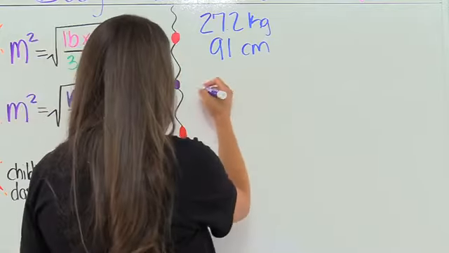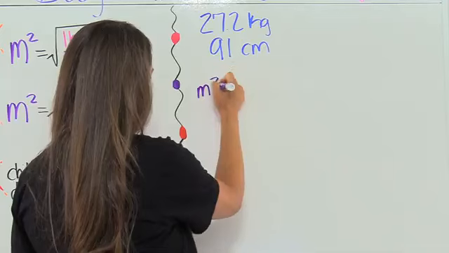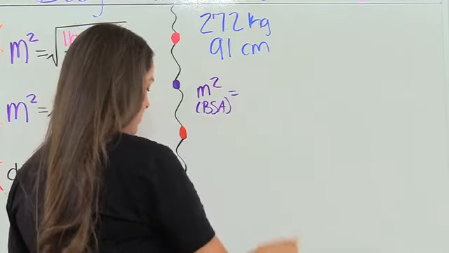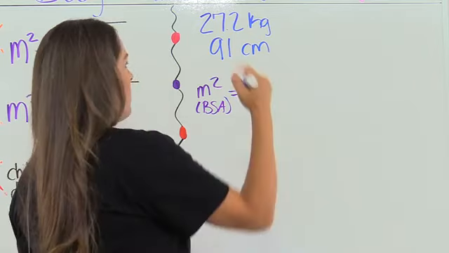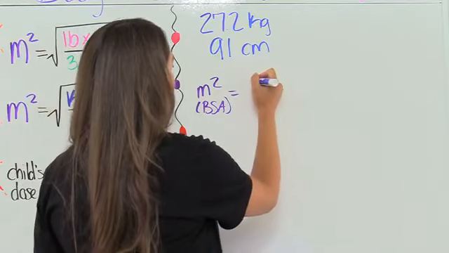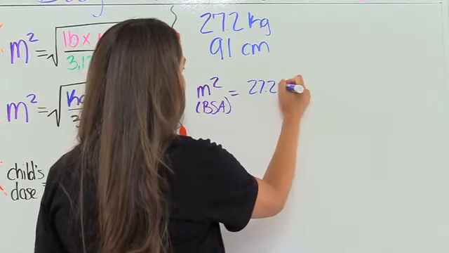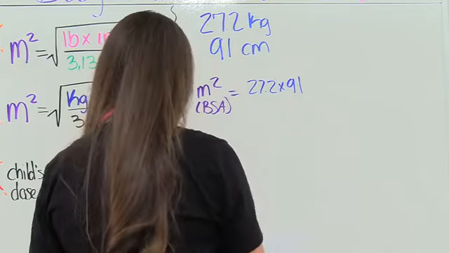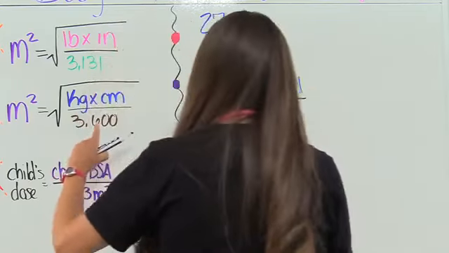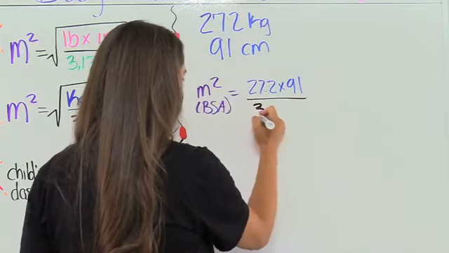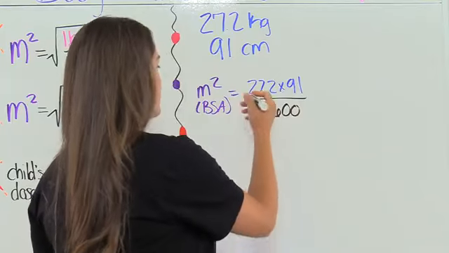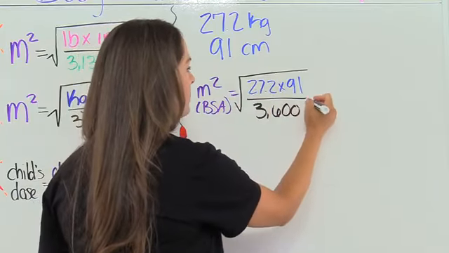So our formula says square meter, which again is the body surface area that we're trying to calculate, equals the weight times the height, kilograms times centimeters. So 27.2 times 91, and we're actually going to be dividing that out by 3,600. So we're going to put 3,600 down here, and then whenever we're done with that, we have to figure out the square root.